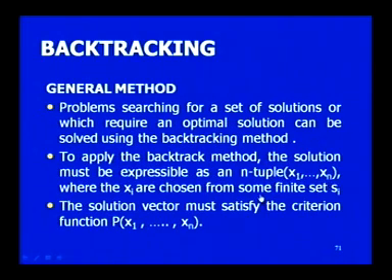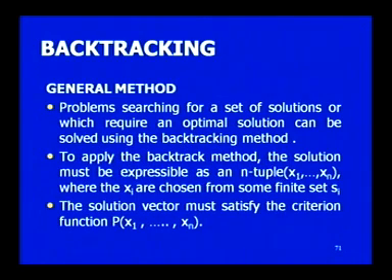So, now what we are going to do is, we are going to define a criteria. So, we are saying that a tuple which fulfills the criteria effectively is a solution. So, the nature of the problem is optimization problem.